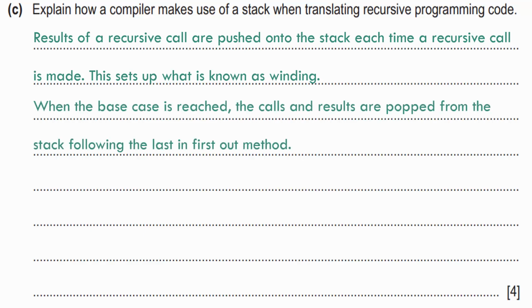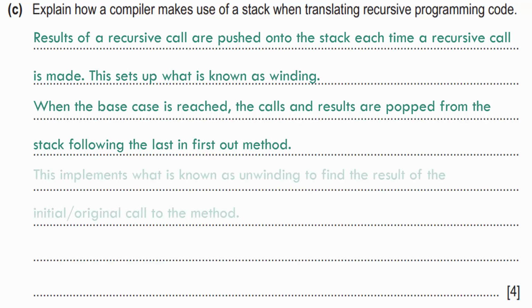When the base case is reached, the calls and the results that are in the stack are popped from that stack using the last in, first out method. So the very last item that was added to the stack before we reach the base case, that's going to be popped first. So the computer is going to handle it using the last in, first out method.